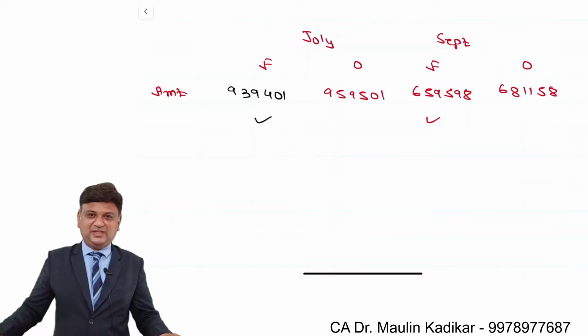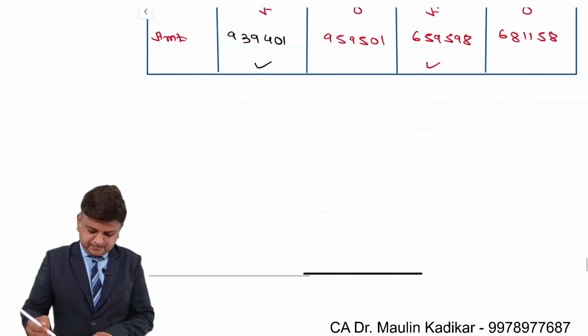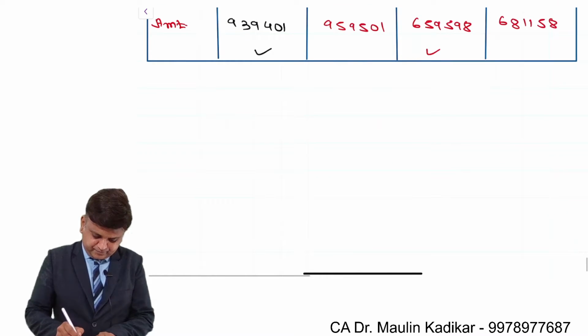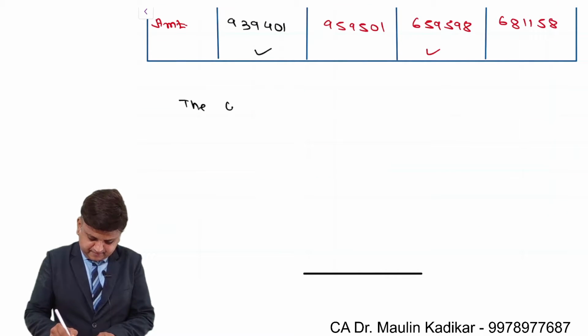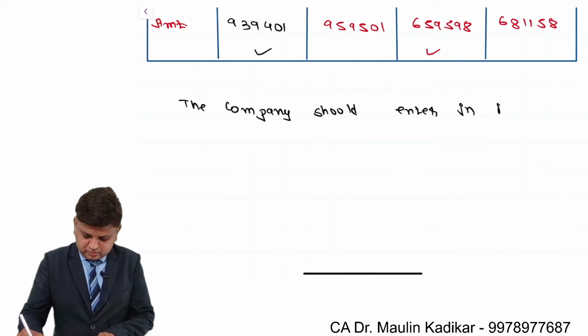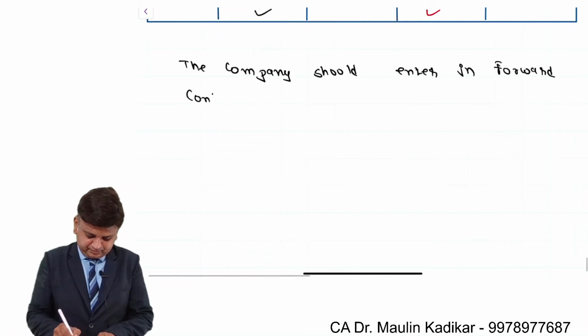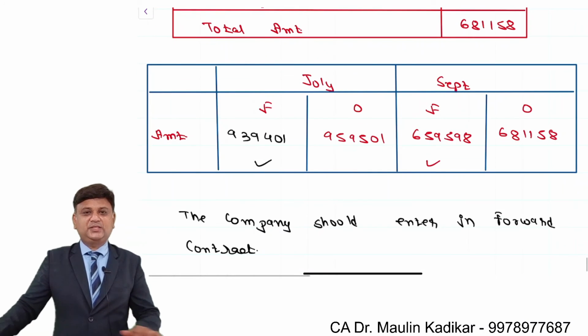This is what we understand. So write down the final answer. The company should enter into the forward contract. Full stop. This is what we understand.